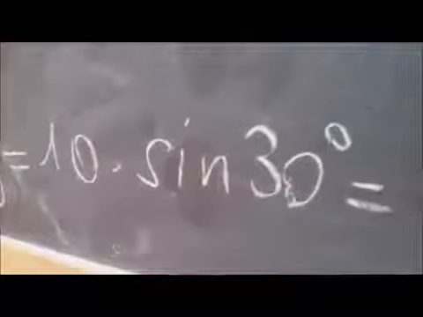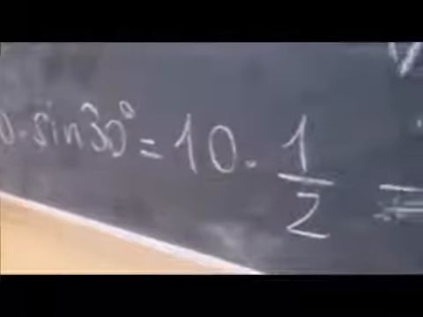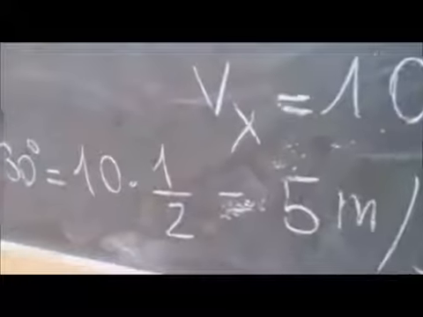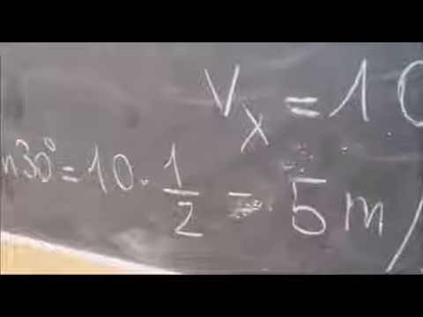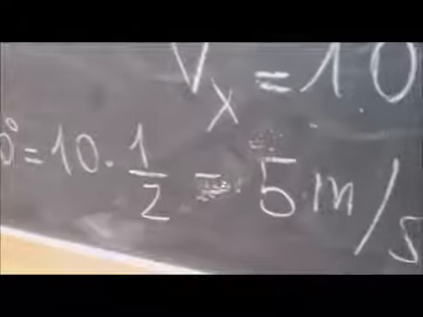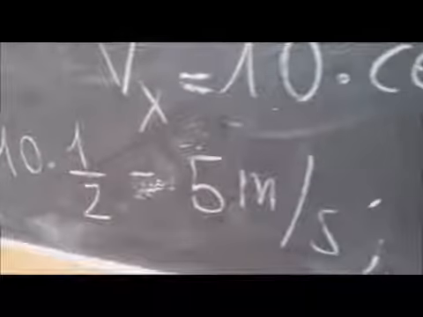The vertical component, which is equal to v times sine theta, in this case is 10 times sine of 30 degrees, which is 10 times 1/2, which is 5 meters per second.